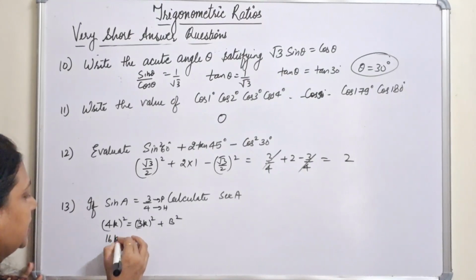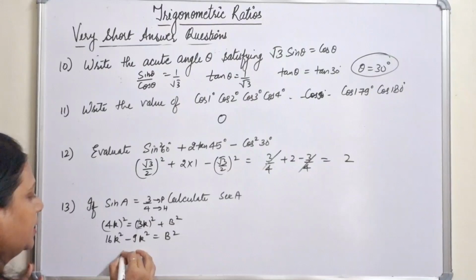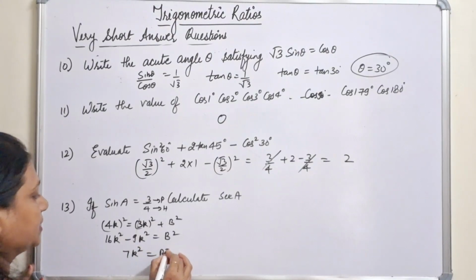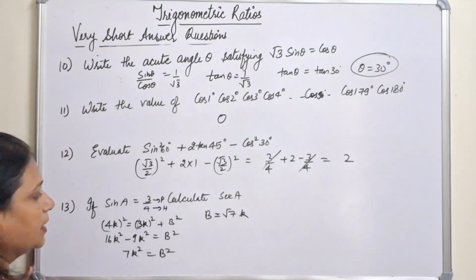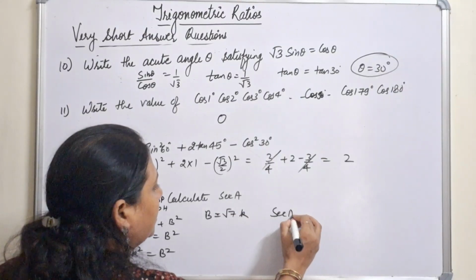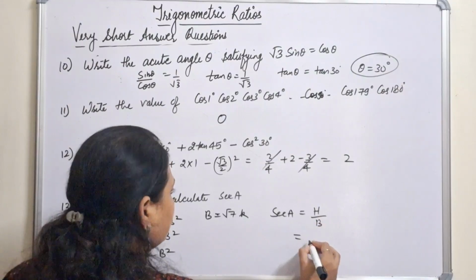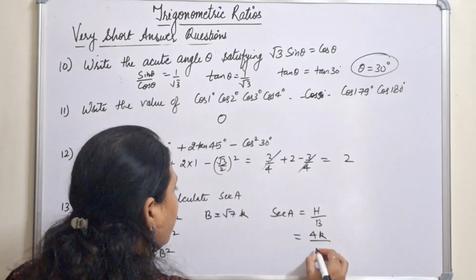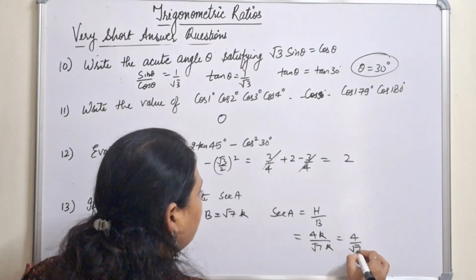So this is 16k square minus 9k square is equal to base square. 7k square is equal to base square. So base is under √7k. Now what is sec of A? Sec of A is hypotenuse upon base. So hypotenuse is 4k and base is √7k. It means 4/√7.